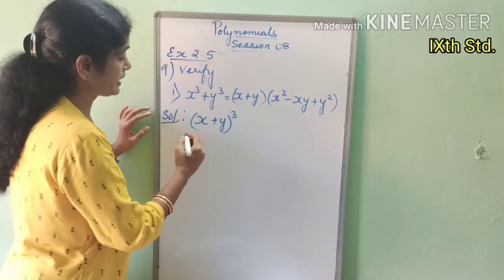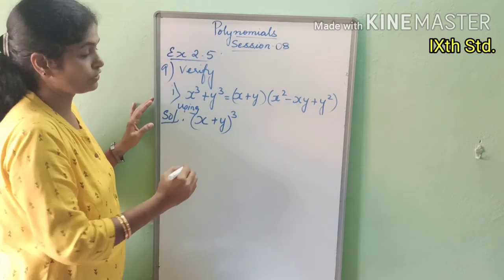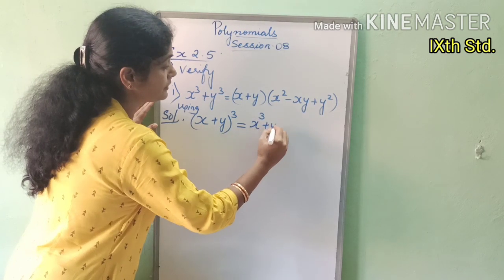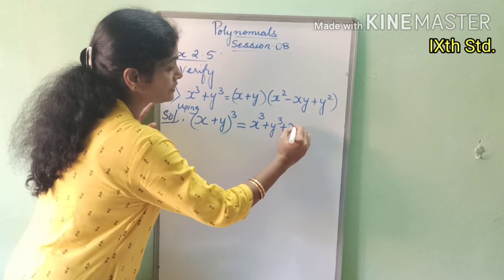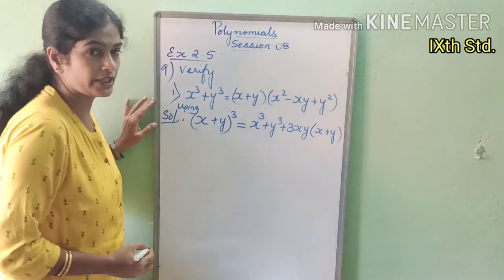So let's start with (x plus y) whole cube, using this identity. So this is equal to what? It is x cube plus y cube plus 3xy into (x plus y), right? Okay.